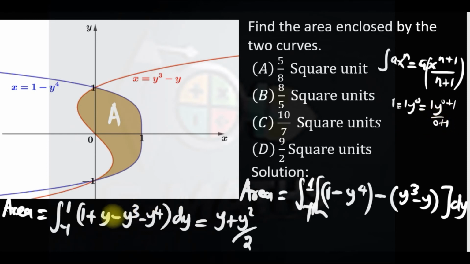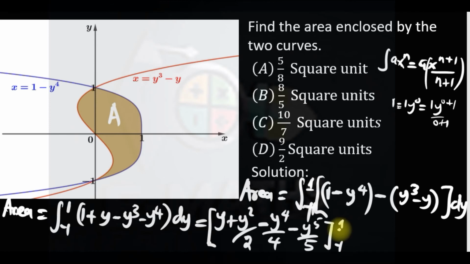That's how it became y. The same thing, 1 plus 1 is 2 over 2. Then minus y raised to the power 4 over 4, minus y raised to the power 5 over 5. Remember, this is a definite integral, so from minus 1 to 1.